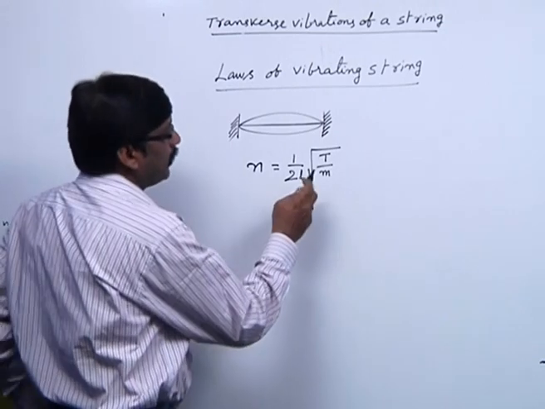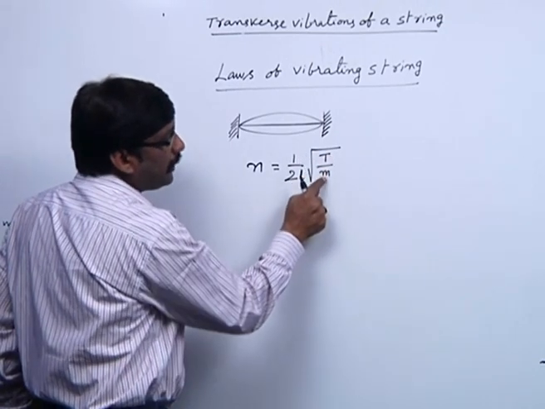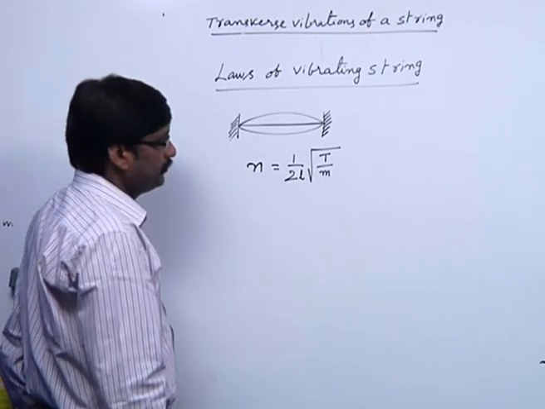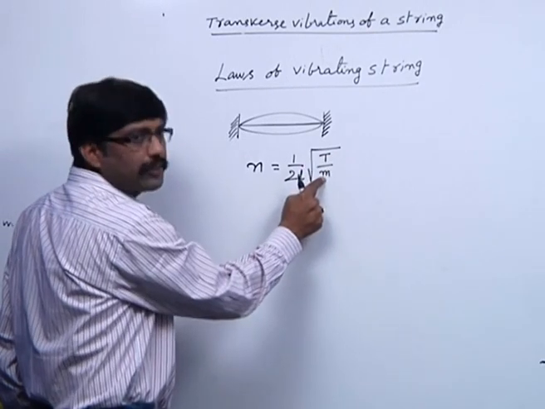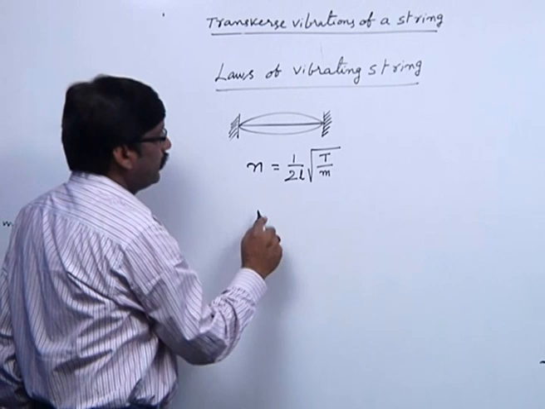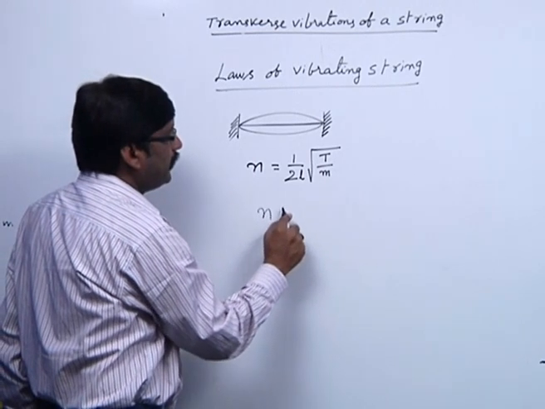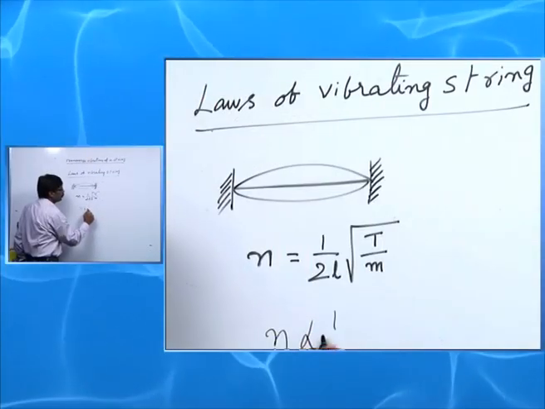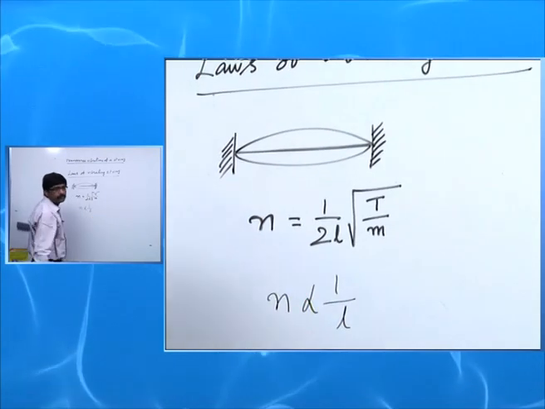Now, if tension and linear density remain constant, the frequency is inversely proportional to the length of the string.